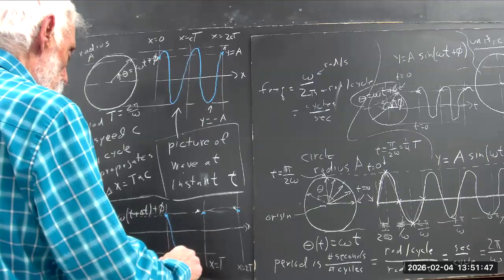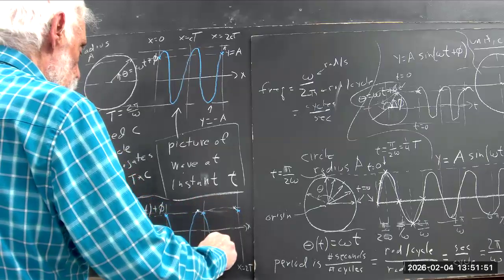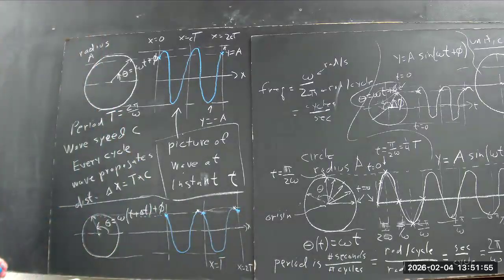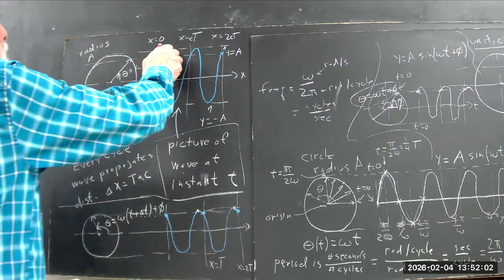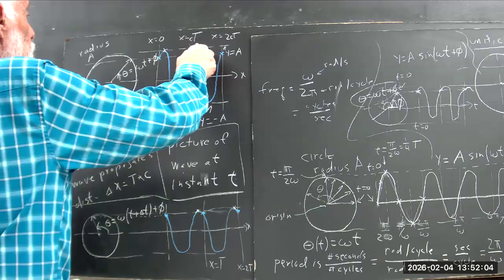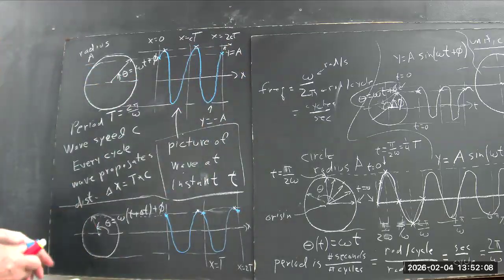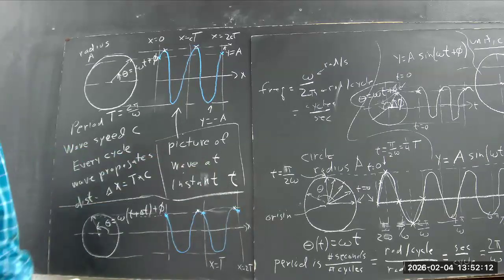So the wave is going to look like this. Now this looks a whole lot like this, but look at where the peaks are. I've got a peak here, I've got a peak here, and I have another peak over here. Now I don't have a peak yet. I don't reach a peak until I get here and here, right? So the wave is shifted.